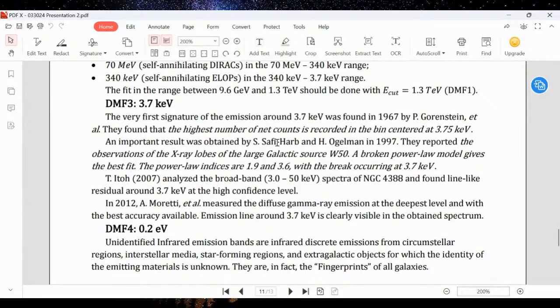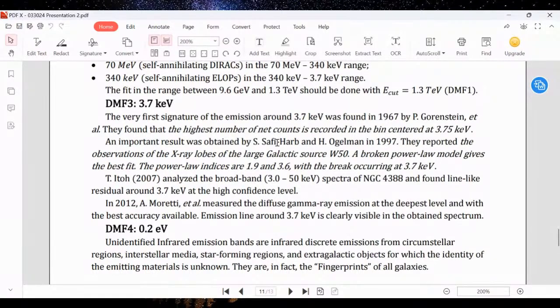DMF3, 3.7 kilo-electron volts. The very first signature of emission around 3.7 kilo-electron volts was found in 1967 by Gorenstein et al. They found that the highest number of net counts is recorded in the beams centered at 3.75 kilo-electron volts.